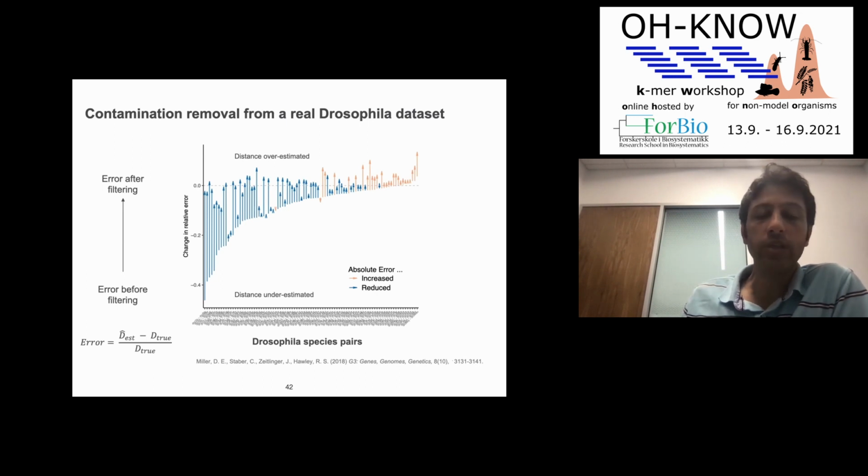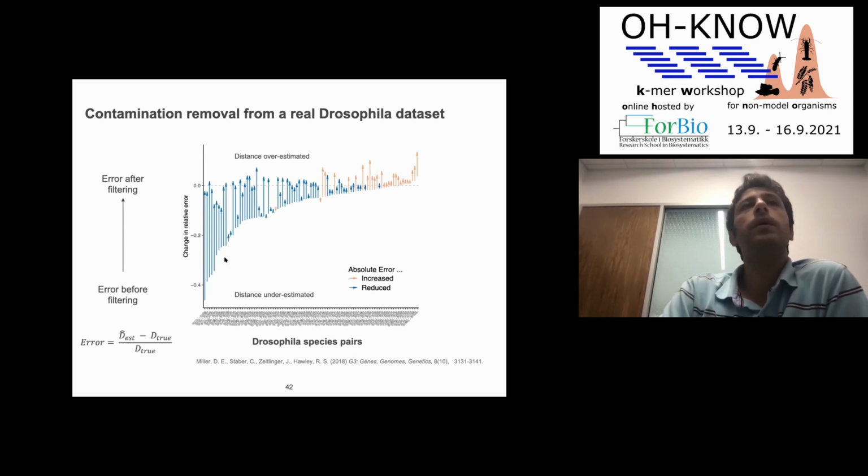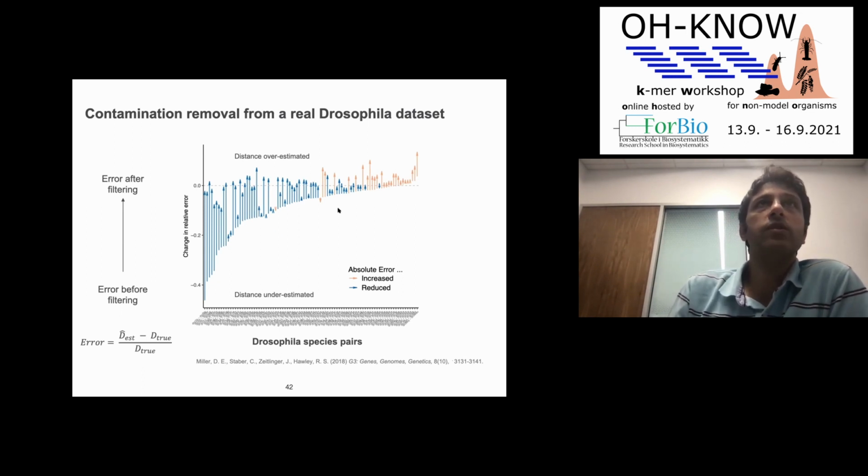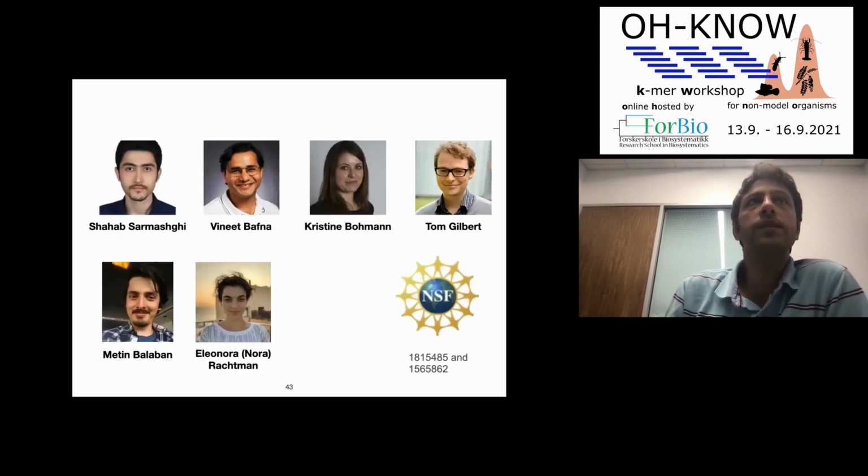We don't have a good solution for cross-contamination between samples. So if these samples are all of the same kind of species, I don't yet know how to solve that problem. That's a difficult problem. Okay, so for these real genome skims from Drosophilas, accuracy improves.